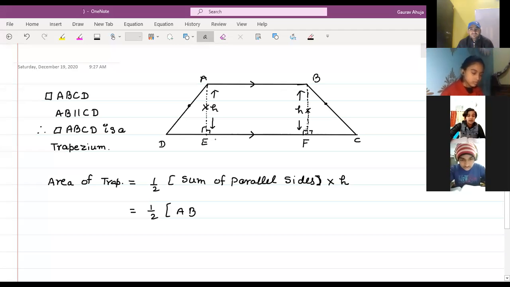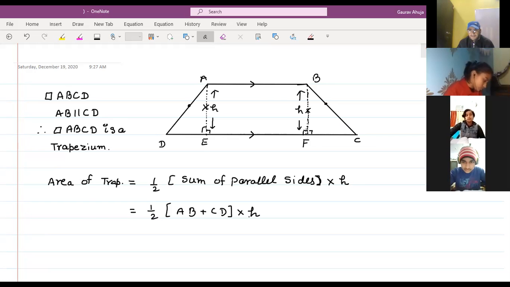AB and CD are parallel lines, and the perpendicular distance between these two lines is, let's say, h. We can write AE or FB, whatever you like, but I am writing h. So the formula for the area of a trapezium is half the sum of parallel sides into height. Is it clear? Yes, sir.